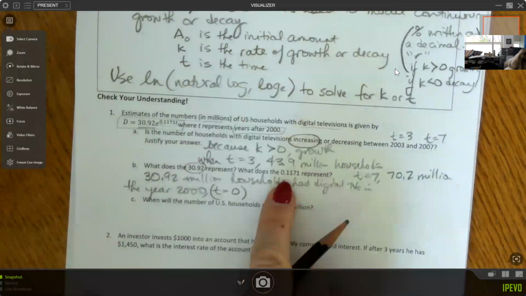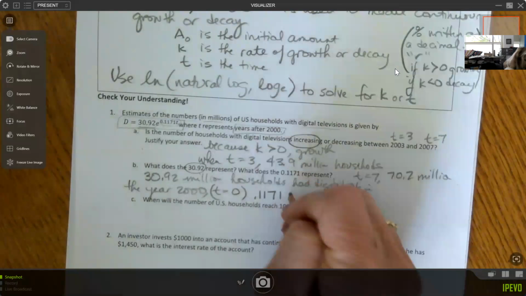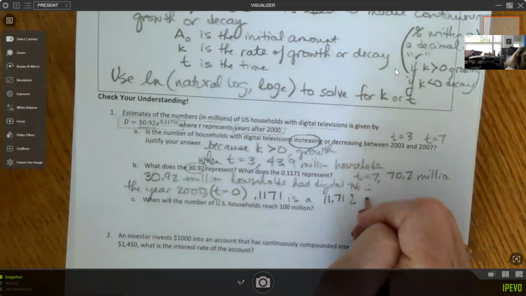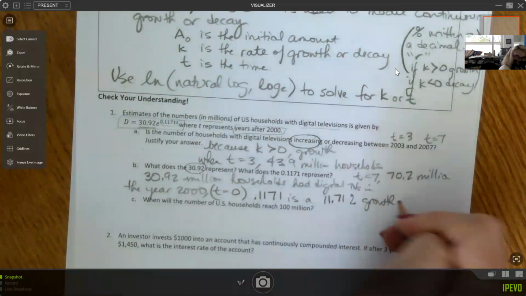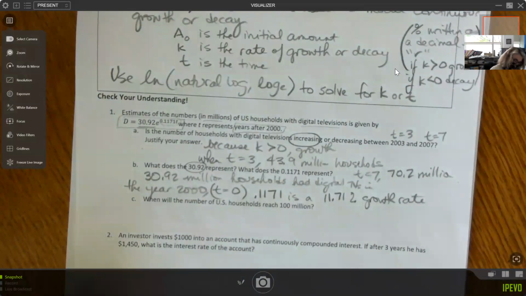And the 0.1171 is an 11.71% growth rate. Okay, just like with the interest rate, like the 0.12 interest rate is a 12% growth. So if I've got 0.1171, I could say that's about an 11.7% growth rate. So it says, when will the number of US households reach 100 million?